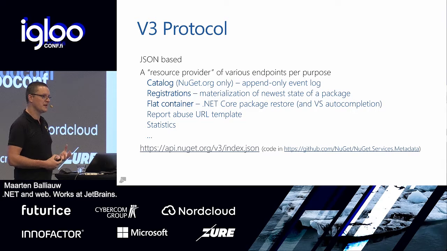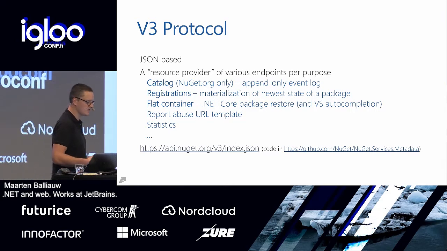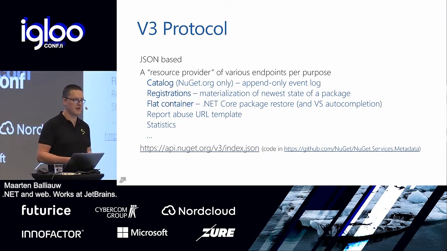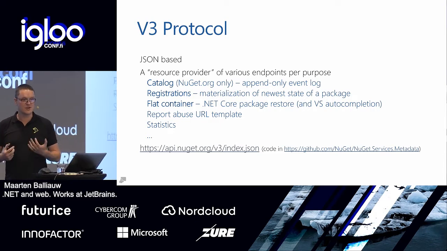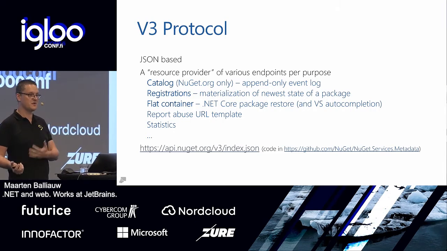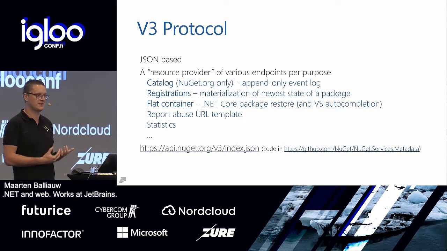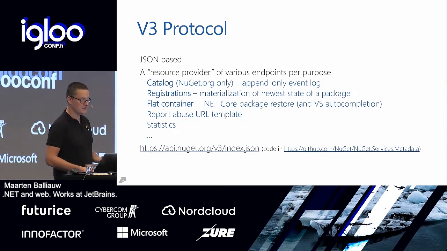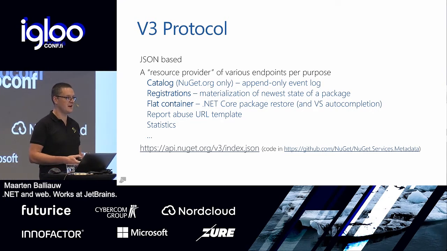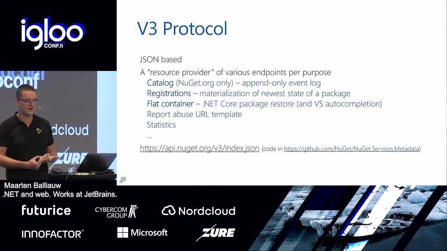The V3 protocol is JSON-based, and it's sort of a resource provider. So if you go to the actual API, index.json there, you will see that that's just a file that contains links to other APIs. It's a resource document describing which resources are available and where they live. You will see in this document that there's a resource for the catalog, which is an append-only event log of everything that happens on NuGet.org in terms of packages.